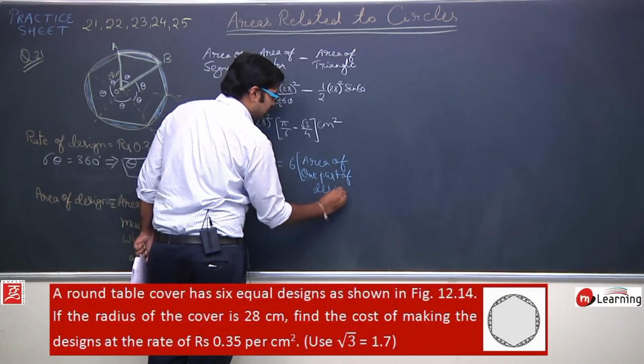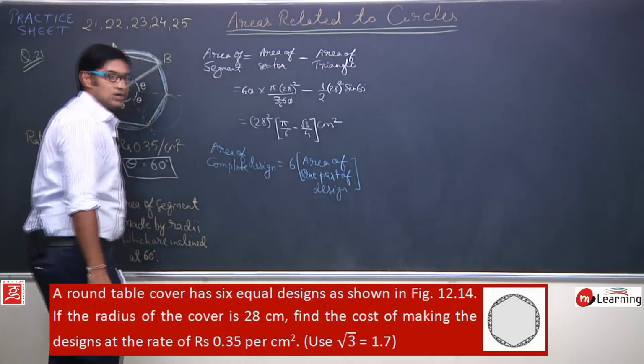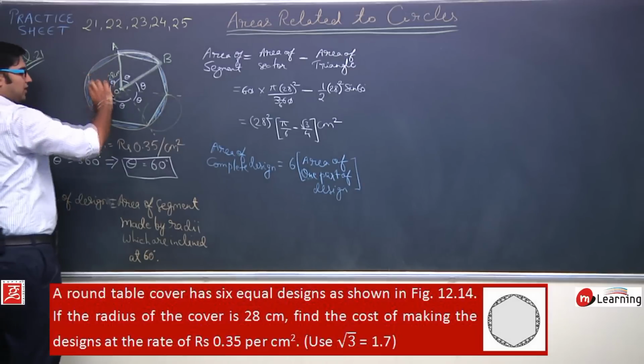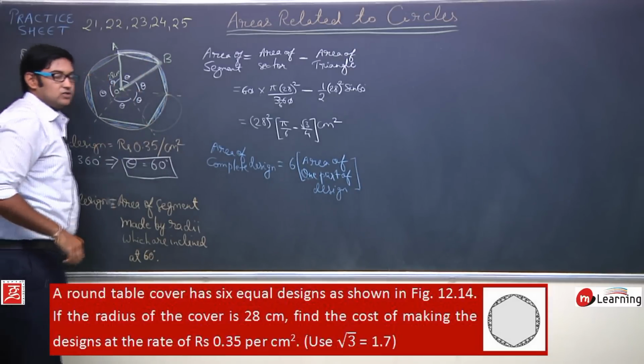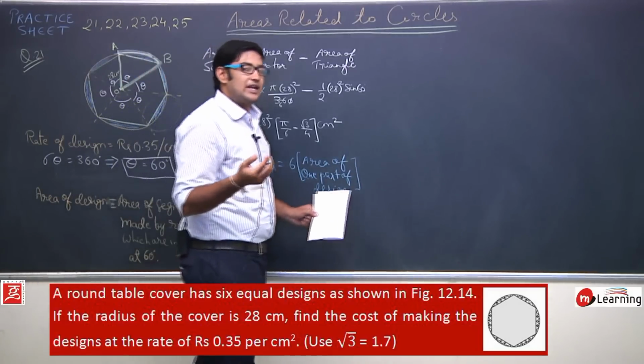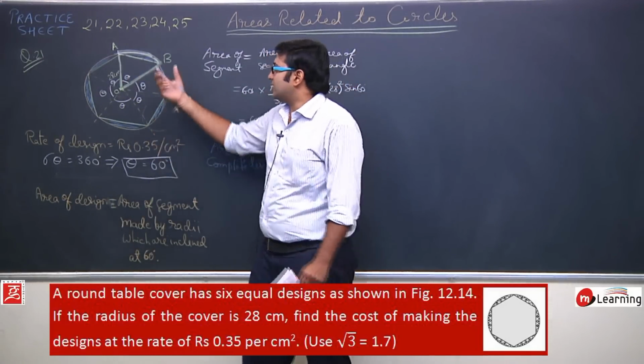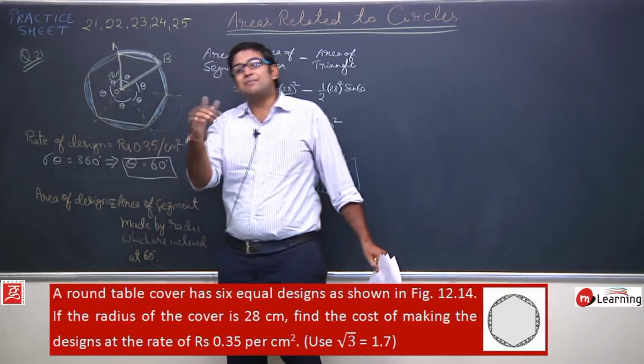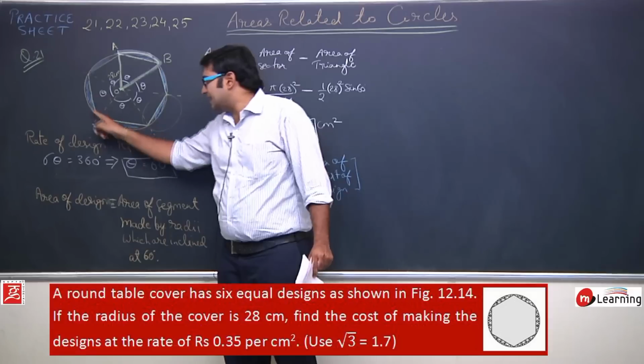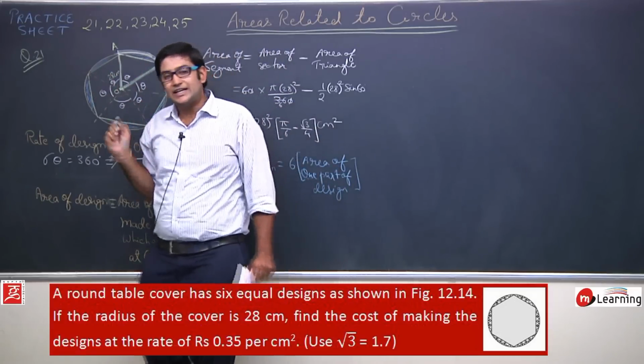Why is it 6 times? Because all these parts are equal. So I do not need to calculate the area of each part individually. What I can do is calculate the area of one part and multiply it by 6 to get the complete shaded area.